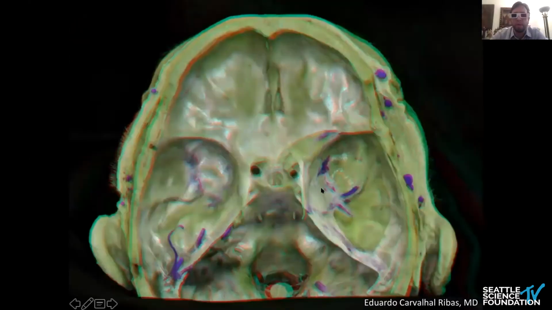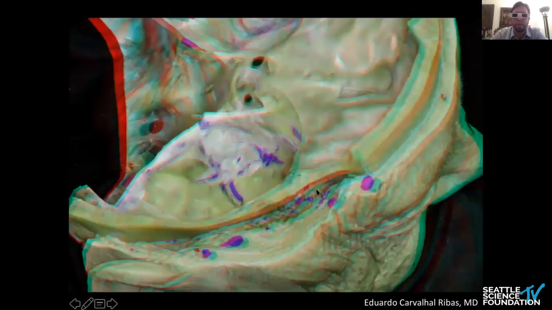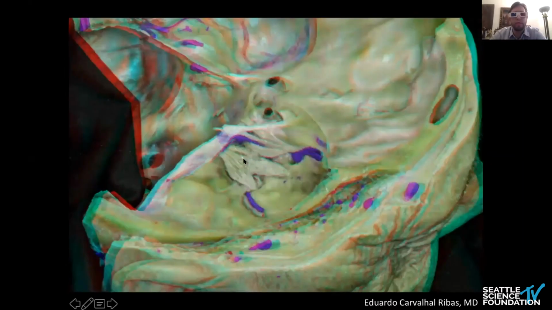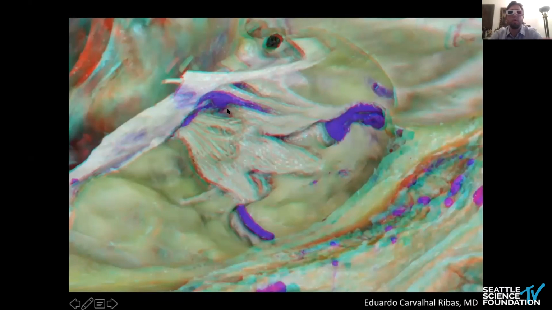So let's see the cavernous sinus from laterally. We already removed some of the lateral wall of the cavernous sinus, and now we removed all its lateral wall to show what nerves will make the lateral wall of the cavernous sinus. So coming from superiorly to inferiorly, we'll have first the oculomotor nerve, then the trochlear nerve, then the ophthalmic nerve, the V1, coming from the fifth nerve here, the trigeminal nerve.